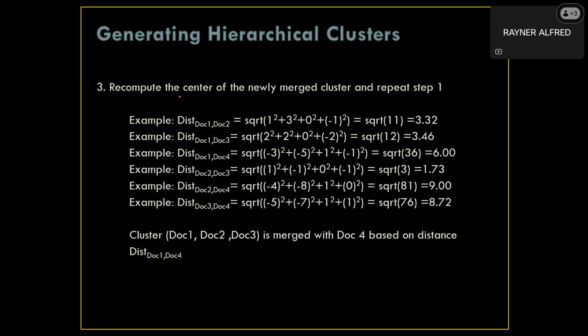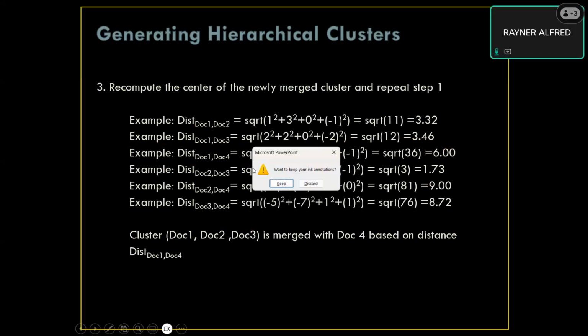Then we recompute the center of the newly merged cluster and repeat step 1. So that means, what is the new center? Okay, the new center is similar to the previous one.